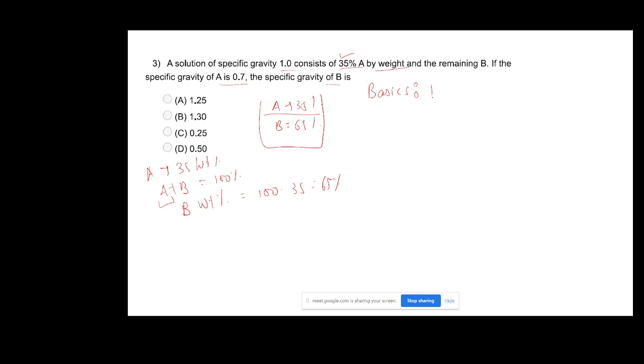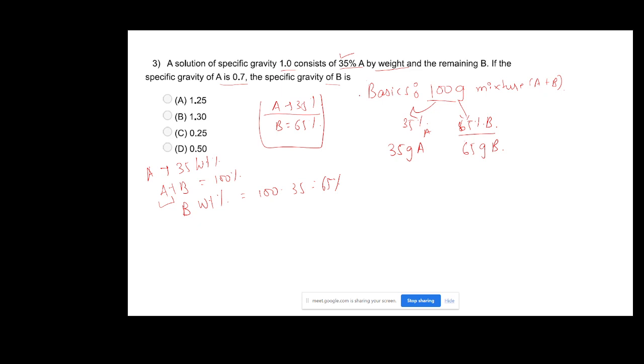Let's say you have 100 grams of mixture, A plus B. It has 35% A and the remaining 65% B. So 35% of 100 grams is 35 grams of A, and 65% of 100 is 65 grams of B.